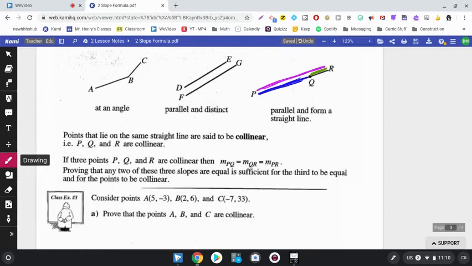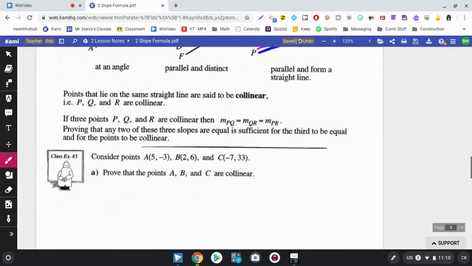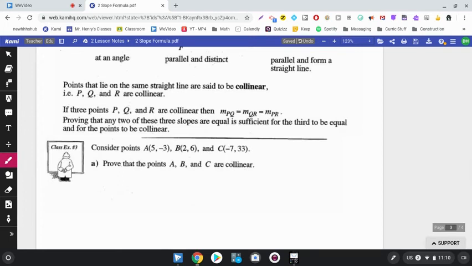Okay, so consider the points 5, negative 3, 2, 6, and negative 7, 33. Are they collinear? Okay, what I'm going to do is calculate 3 slopes.